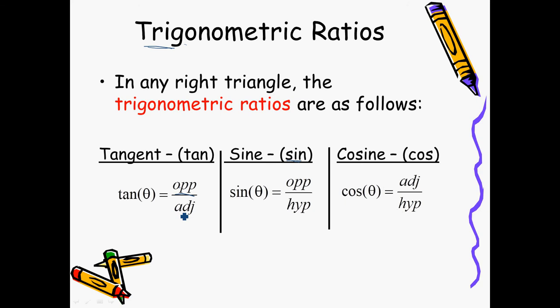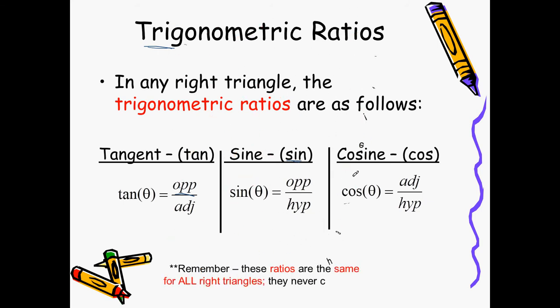Notice that sine and cosine both have the hypotenuse in them, and tangent does not. Tangent's the only ratio out of sine, cosine, and tangent that does not have the hypotenuse. These ratios are the same no matter what size your right triangle is, right? I don't care what size it is. I can make a ratio of the sides.